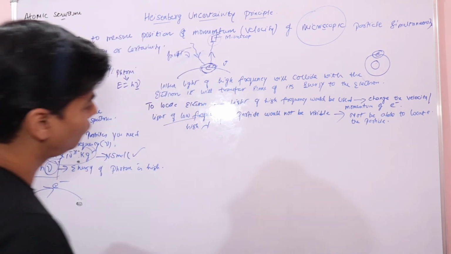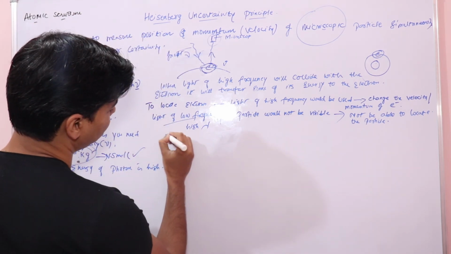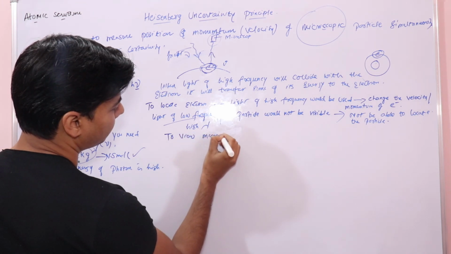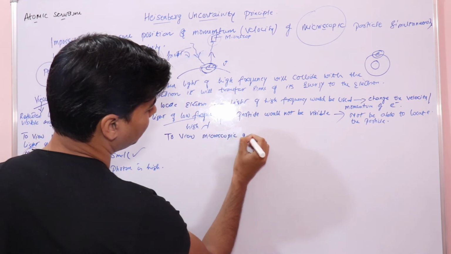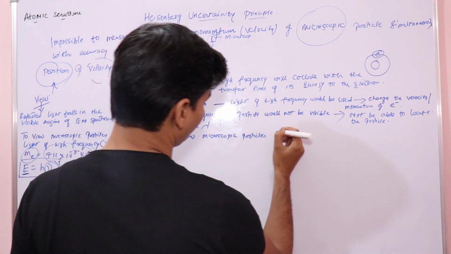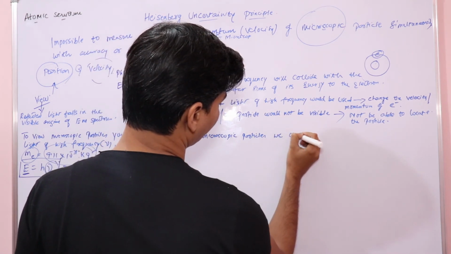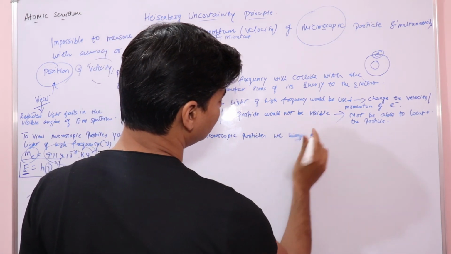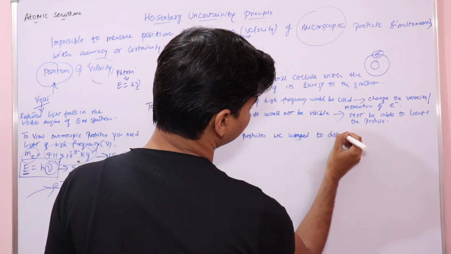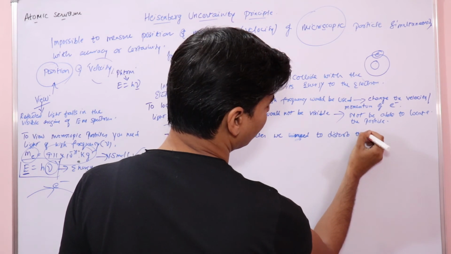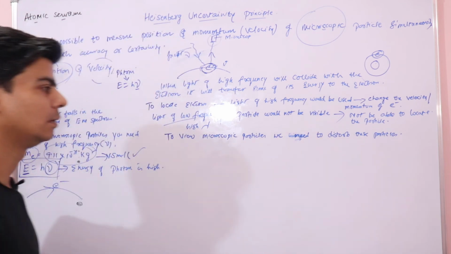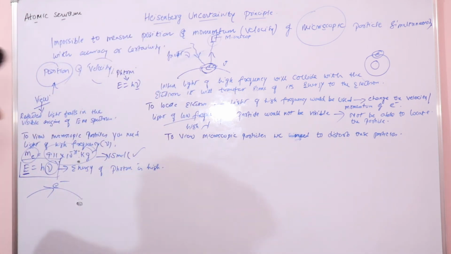So in order to view microscopic particles, we need to disturb these particles, which changes their velocity and maybe position also.